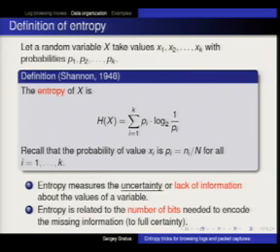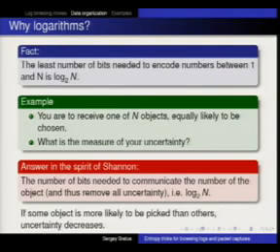This is a theorem introduced by Shannon in 1948. This revolutionized the entire data transmission business and science. And why logarithms? The least number of bits needed to encode numbers between 1 and n is log 2 n.